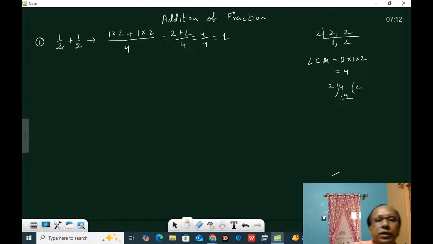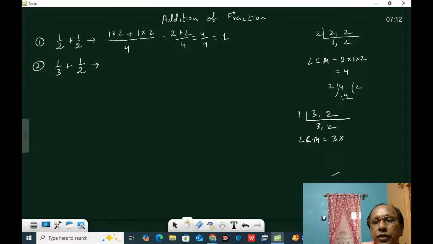In this way we do all the fractions. If the denominators are the same, that is easy. If the denominators are different, like 1 by 3 plus 1 by 2, how to do this one? Same, first we'll find the LCM of 3 and 2. The LCM is 3 into 2, that is 6.